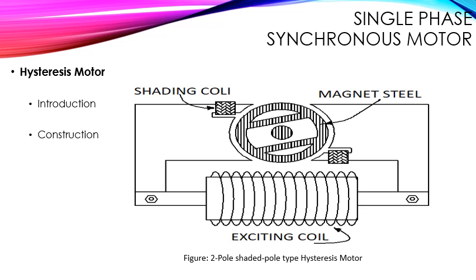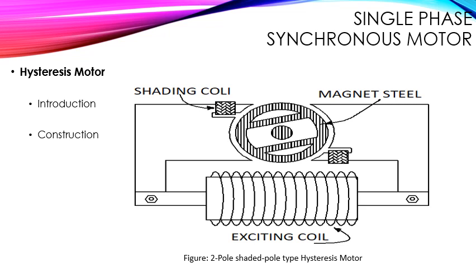To develop a synchronously revolving field from the single phase AC supply, that is, to develop a starting torque. Then it consists of rotor magnetic material with high retentivity and permeability to have the hysteresis effect. So this is the hysteresis motor.